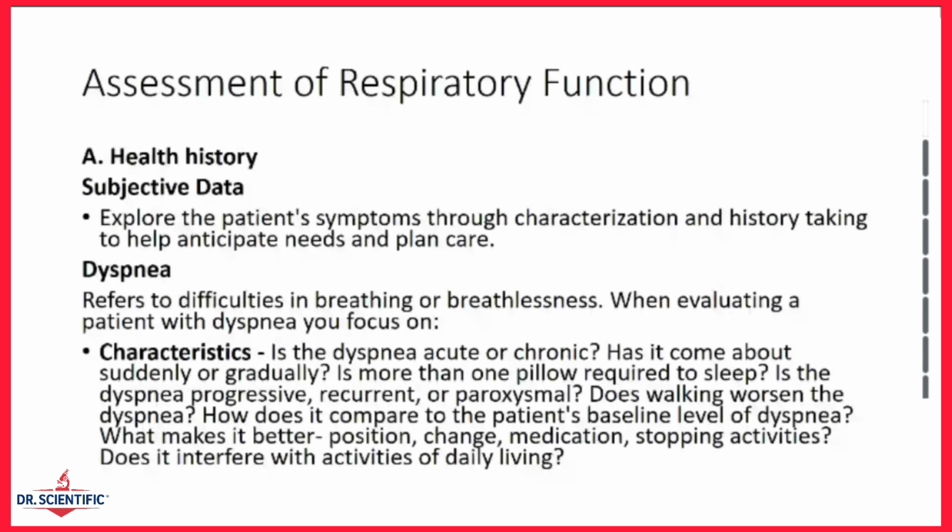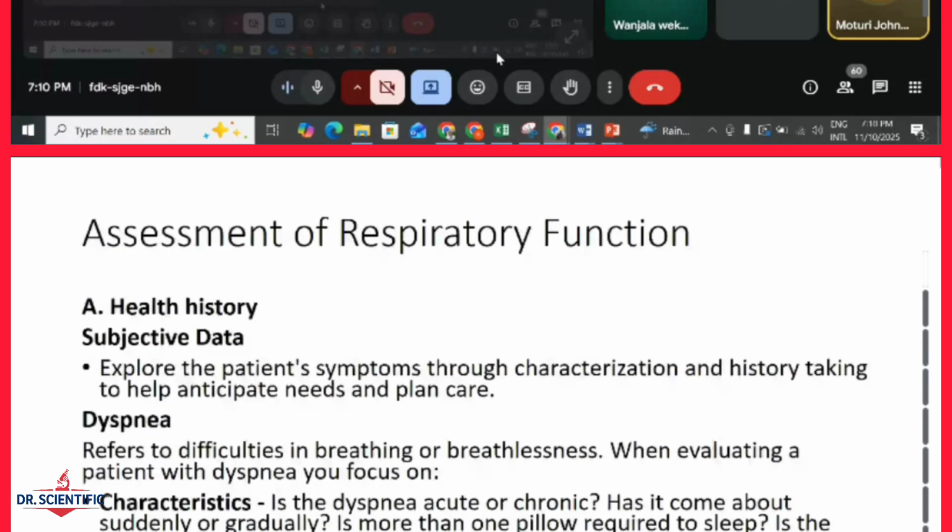Is it acute? Is it chronic? I believe we know how to differentiate between acute and chronic, whether it was of sudden onset or gradual onset. Is it progressive? Is it recurrent? Does it worsen when one is walking?